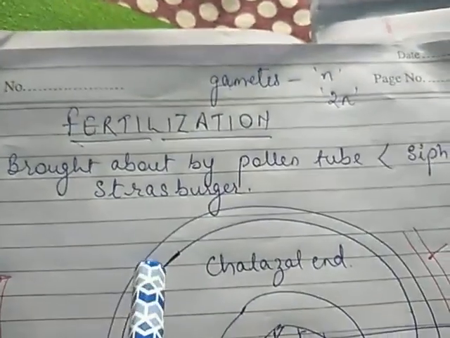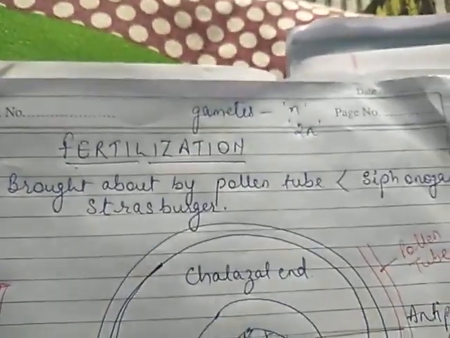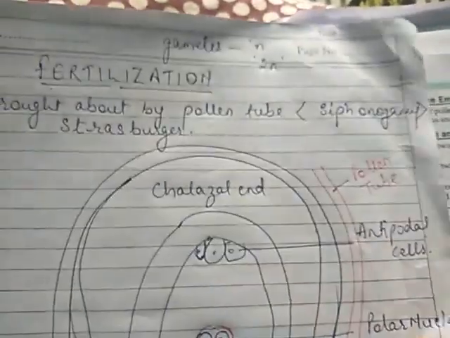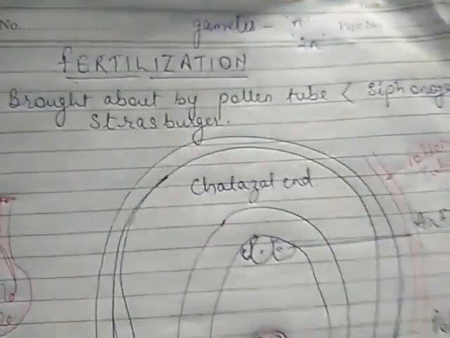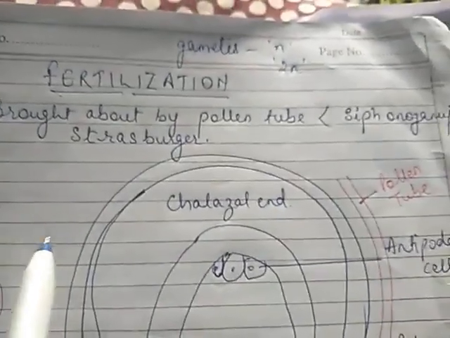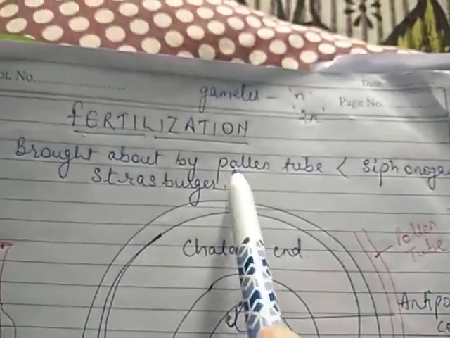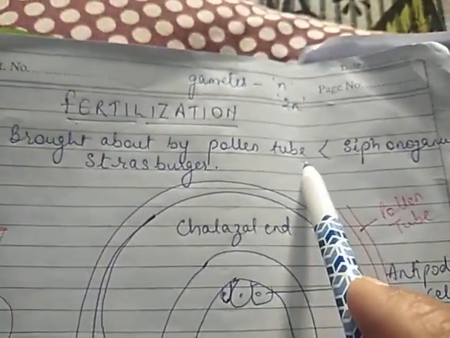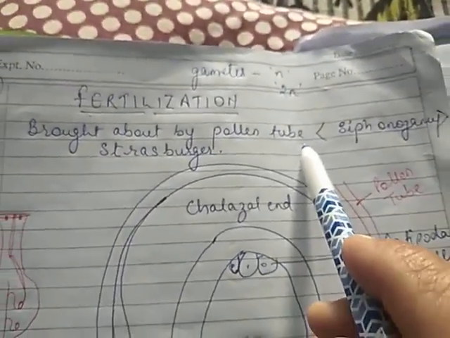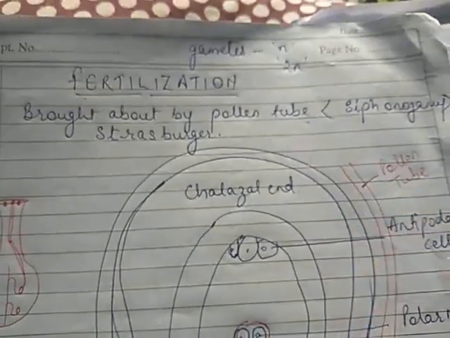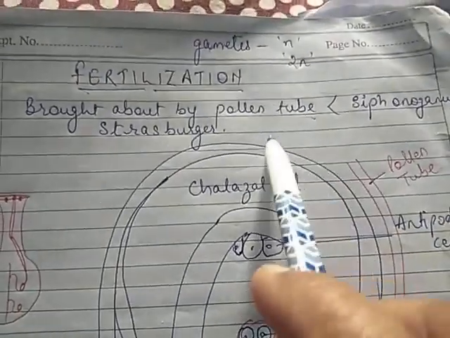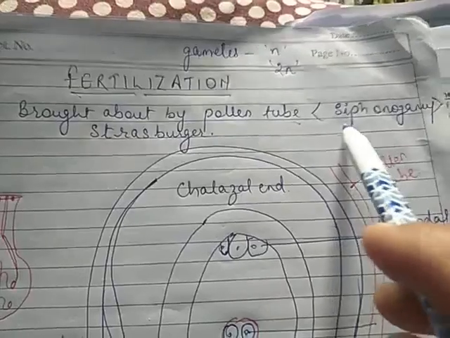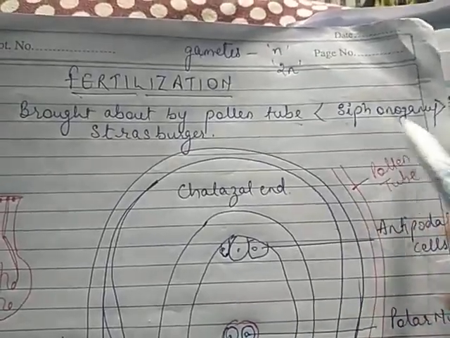So, how is fertilization brought about in the flower? We'll just see this. Now, as we know, in flowering plants, fertilization takes place with the help of a pollen tube. So this process is called siphonogamy.